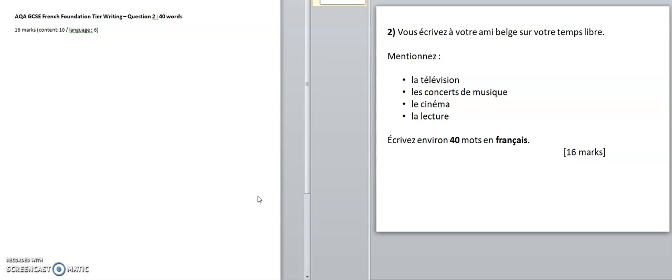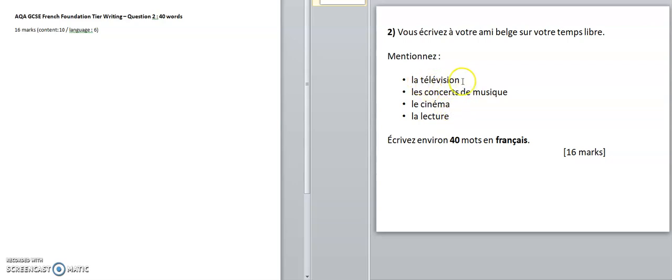The main aim is to get the message across and make it clear, and mention all 4 of the bullet points. So unlike the 90-word question, which comes later, question 4, you don't get a choice with the 40-word question. Everybody does the same one. So there's no choice about the bullet points. We have got to write something about all 4 of the bullet points.